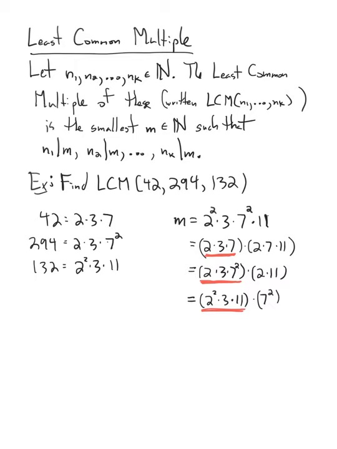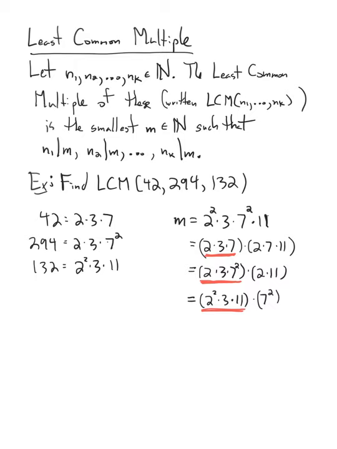But again, we're looking at the prime factorization, and we're looking at the exponents of each of the prime factors. And what we're doing here is, rather than taking the minimum exponent for each of the primes, we're taking the maximum exponent for each of the primes, because it needs to be a multiple of every number.